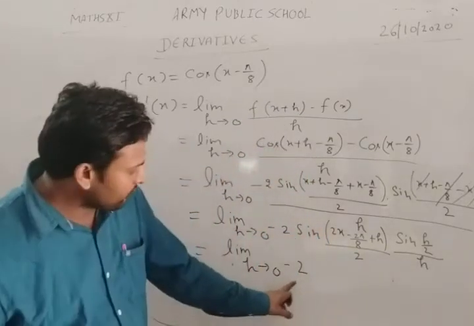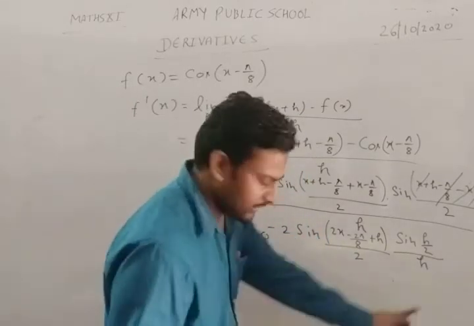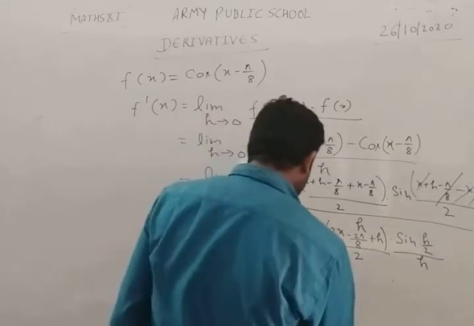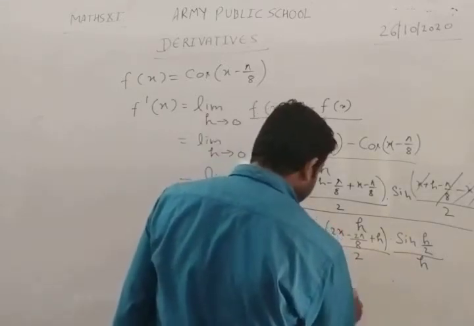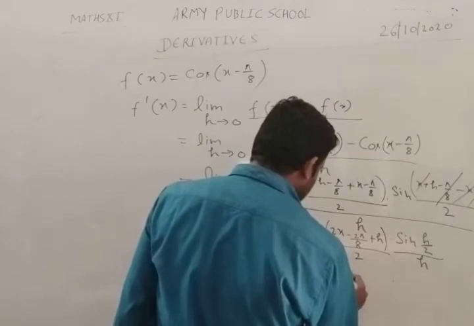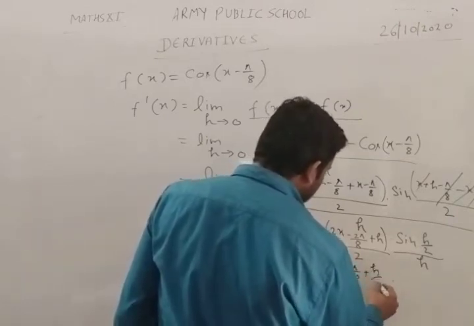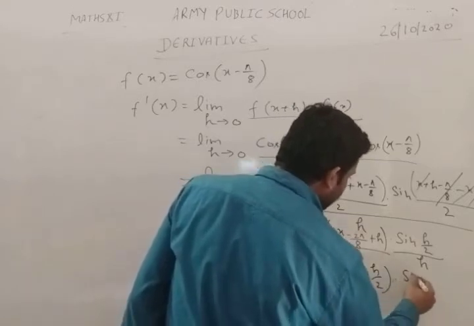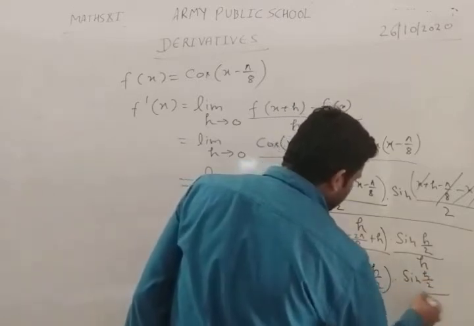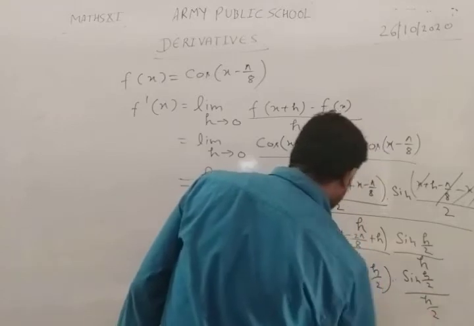Now this 2 we are sending in the denominator of h. So we write sine. Here this will be x and minus pi by 8 plus h by 2 into sine h by 2 divided by h by 2.